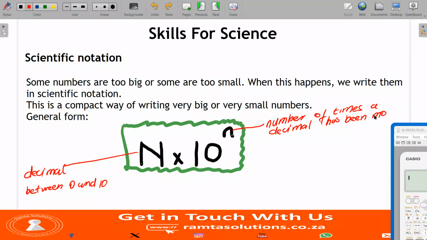If you move to the left, n is positive. If you move to the right, n is negative.